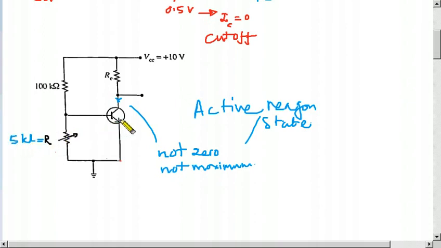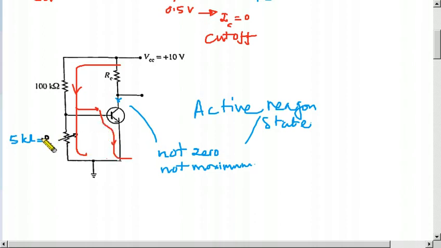The transistor goes to cutoff region or cutoff state, because this resistor value is very low, therefore all the current coming from the battery goes to the ground. So if we let some little current go through this base, then we can obtain the active region. A little base current should be allowed.